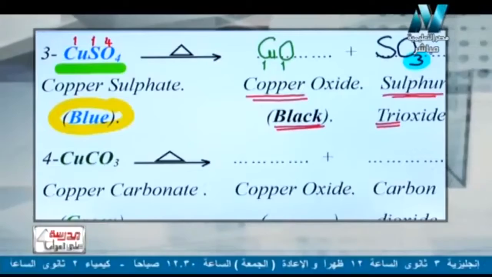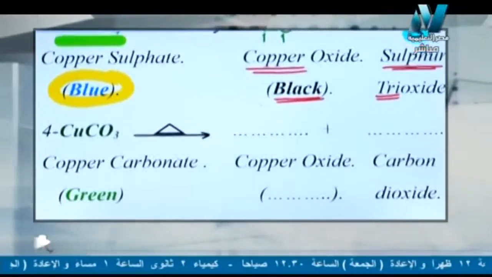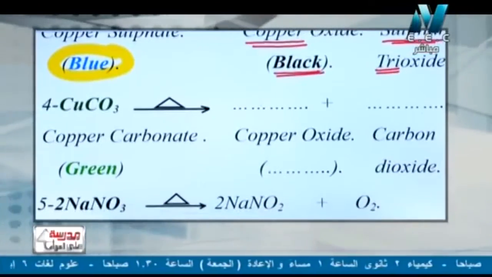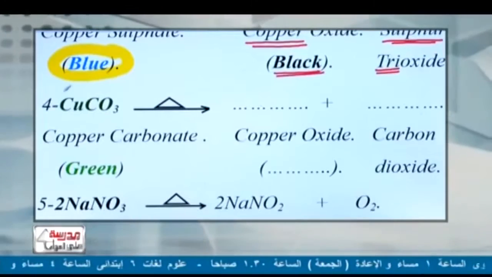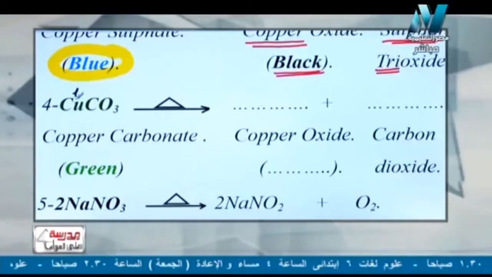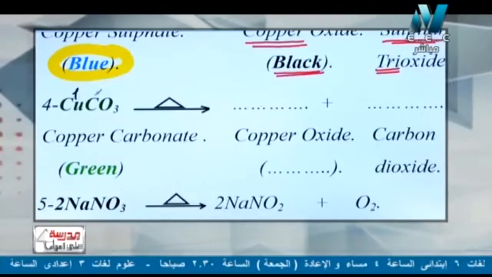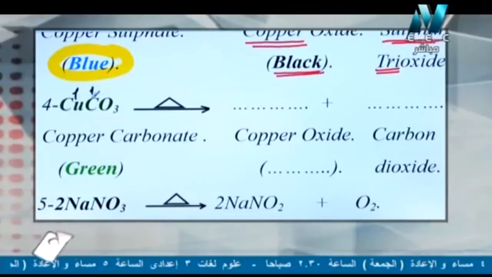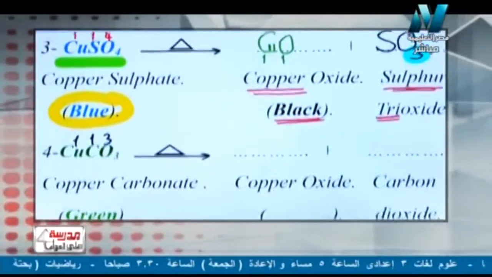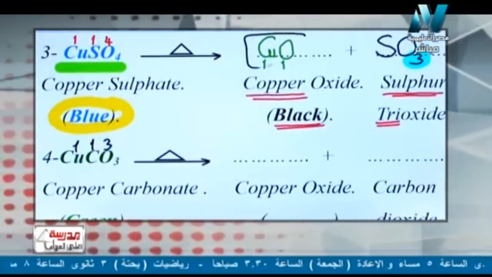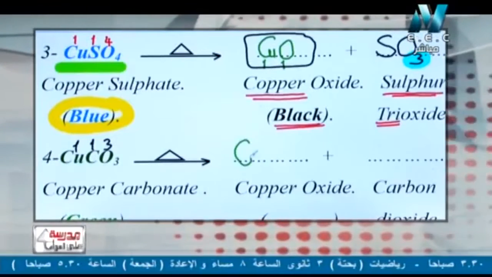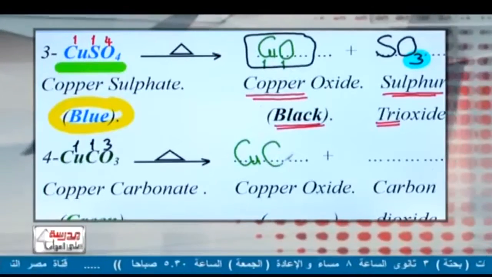Okay, as we have another example, here we have copper carbonate. We can answer the same way as the previous equation. Cu 1 and carbon is 1. How many oxygen? 3. As the previous one, copper oxide, so I write here CuO.